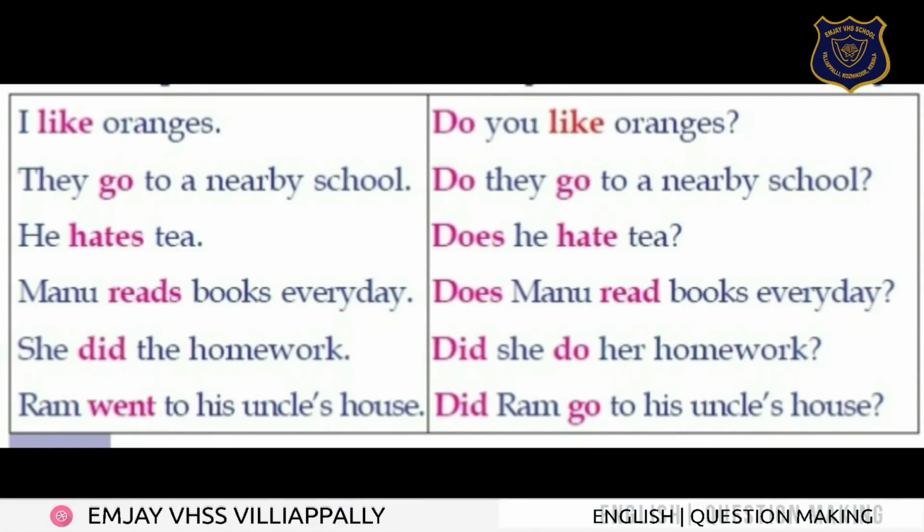No. It's impossible to ask a yes or no question without an auxiliary verb. In certain sentences, the auxiliary verb is hidden within the main verb. In such sentences, yes or no questions are framed using do, does, did, according to the tense of the verb.